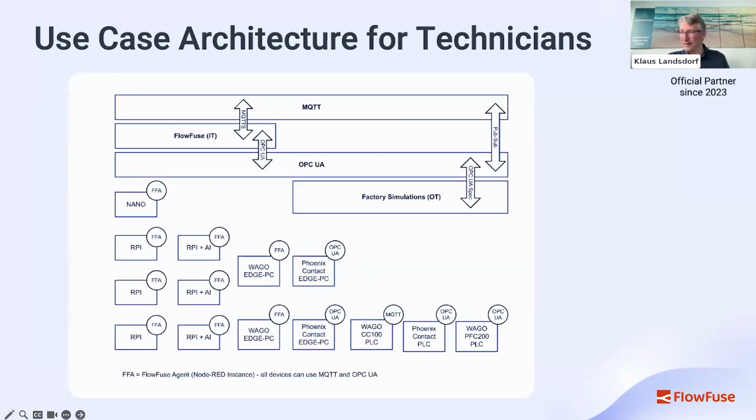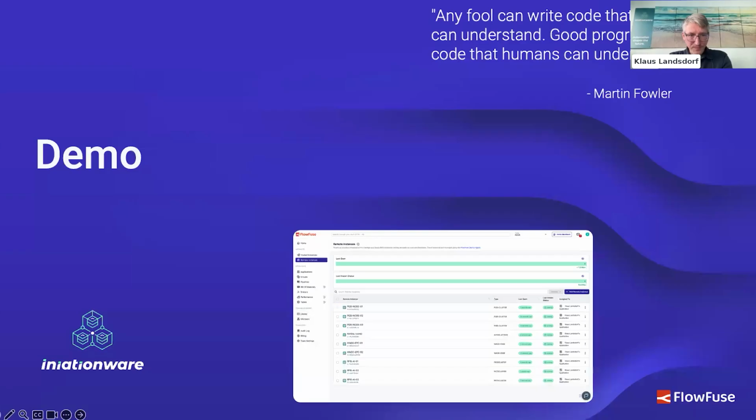And I use the FlowFuse agent, as you see here with the FFA. I put it on the devices here in my environment, and I have a strict separation of OT and IT, which we can play around with today. Okay, so I think it's a good time to start, and I would say let's go over to the demo.